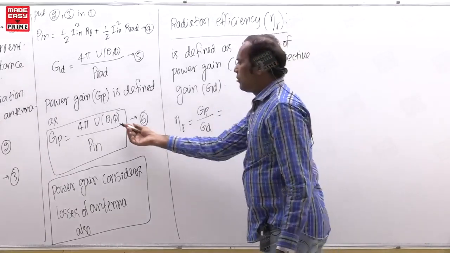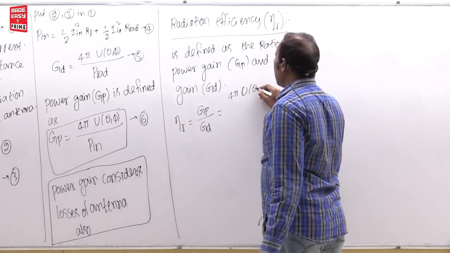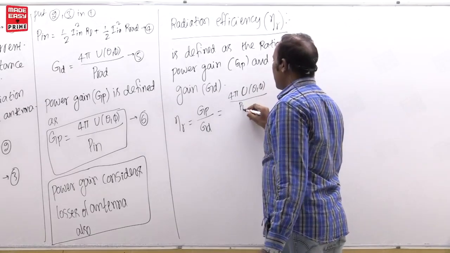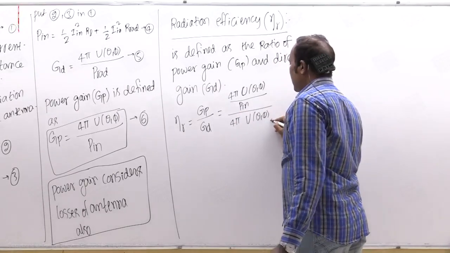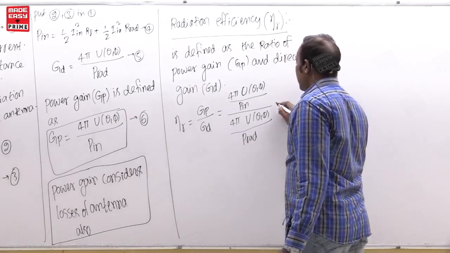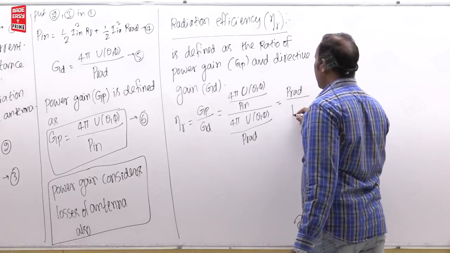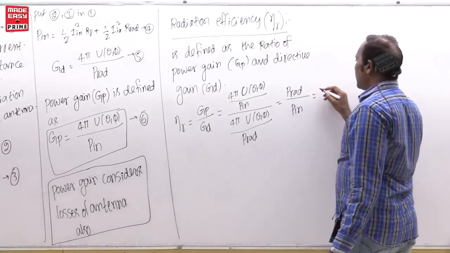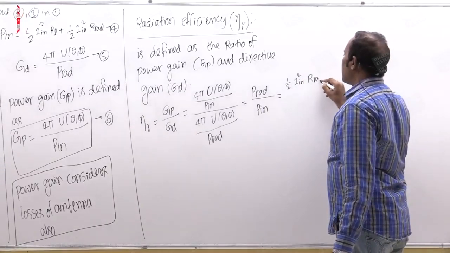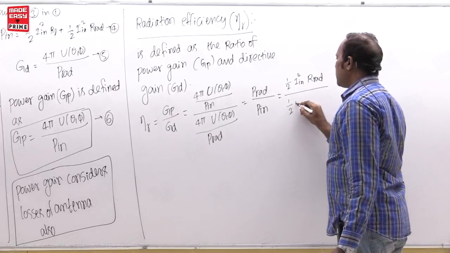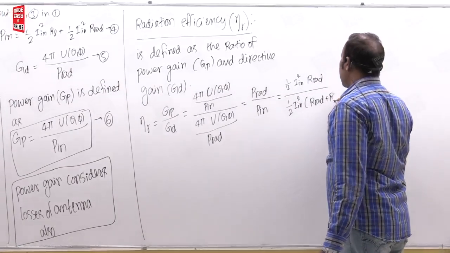If you write these formulas, power gain is 4 pi U(theta, phi) divided by power input, and directive gain is 4 pi U(theta, phi) divided by power radiated. So that is nothing but power radiated divided by power input, which is half I_in squared R radiation divided by half I_in squared times (R radiation plus loss resistance R_L).